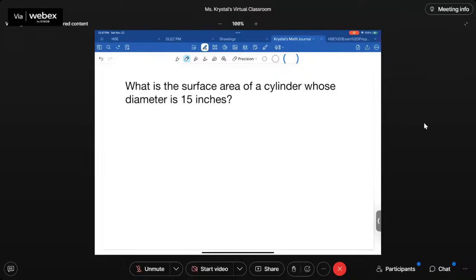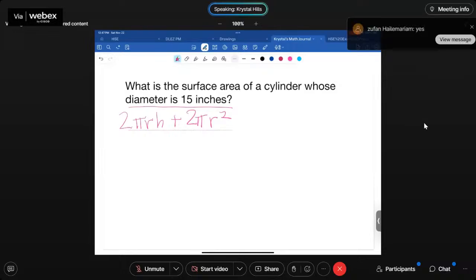And when you go, you see surface area equals 2 times pi times radius times height plus 2 times pi times radius squared. And all the question gives us is the diameter. We don't have the height. So how can we solve for the surface area of the cylinder without the height? And this is when you would choose cannot be determined.